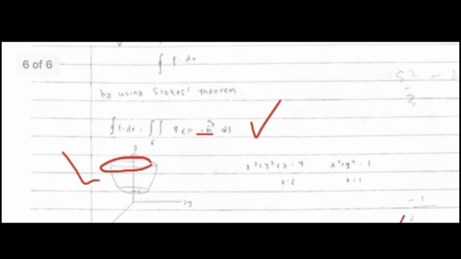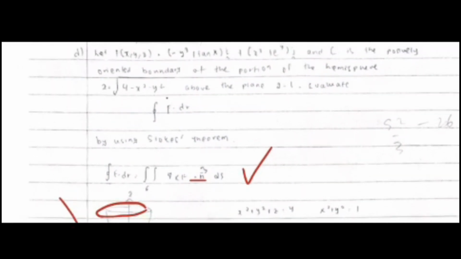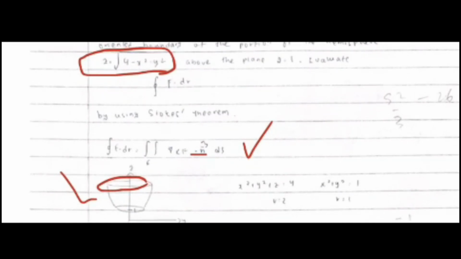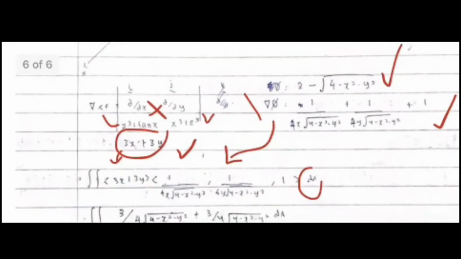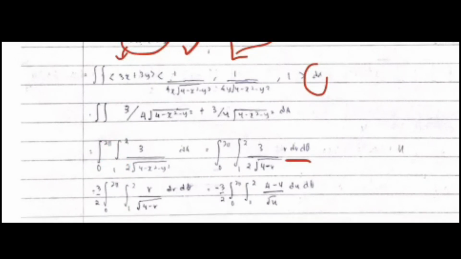So for the limit of r, it is from 1 to 2, from the equation of the hemisphere where we substitute z with 1 here, and we will get r, because x squared plus y squared is equal to r squared, so the limit for r is from 1 to 2, and the limit for theta is from 0 to 2 pi because it is a hemisphere.